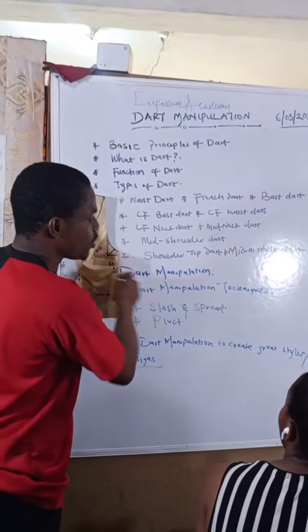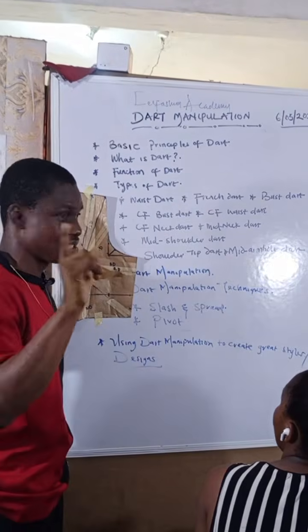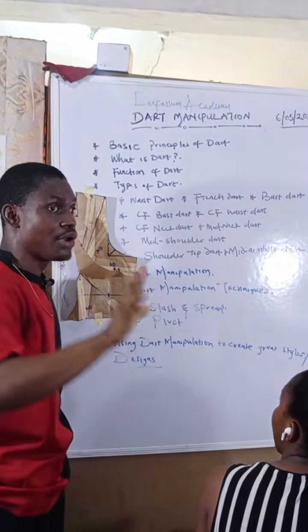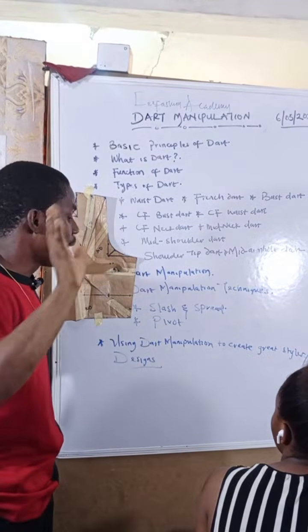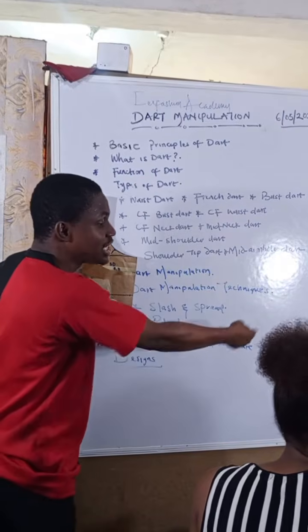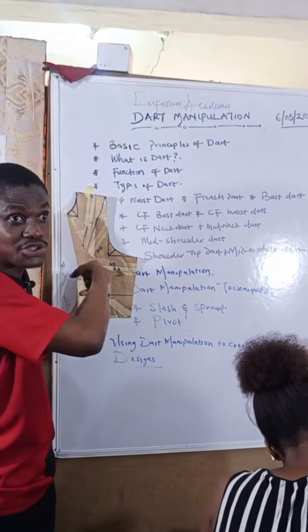Like I said, we are going to be working on dart manipulation, and we also have different dart manipulation techniques. We have the one we call slash and spread, and we have the one we call pivot. Don't worry, I'm going to explain all of them. But before we do all those things, using that manipulation to create great styles and designs, do you know what this is related to? It's just like the question I asked you now.